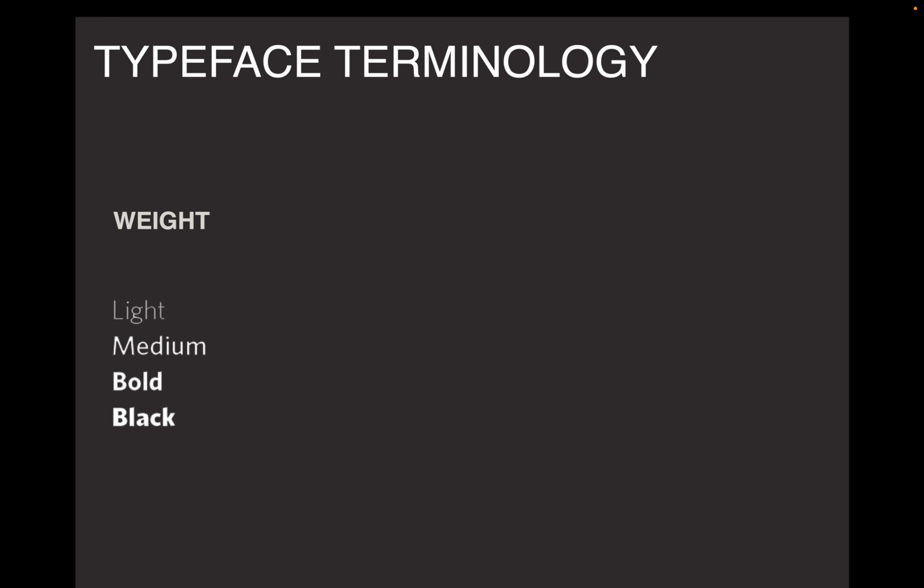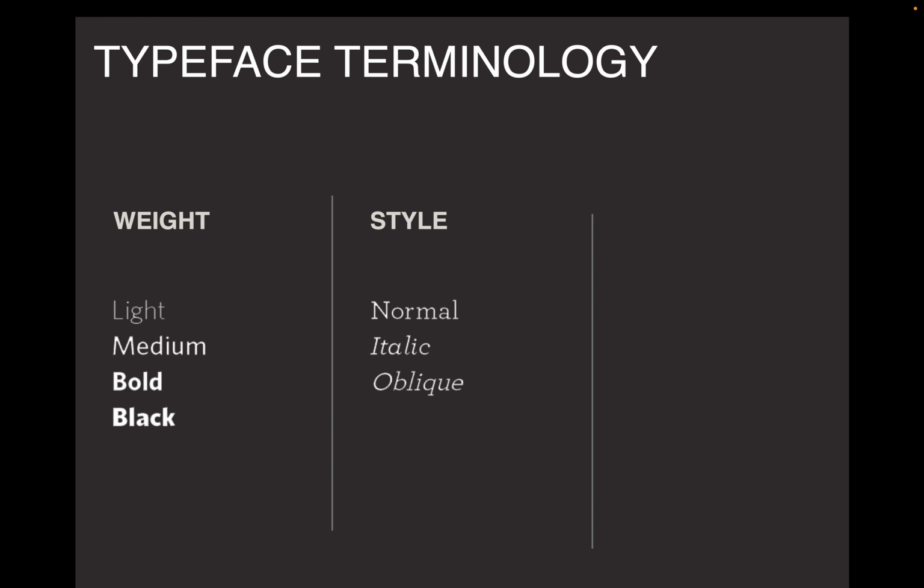So here are some additional typeface terms. Types have different weights. Light, medium, bold, black are words. On the web, these are going to be defined in numbers between 100 and 800 and 900. Sometimes we have styles like italic, especially.